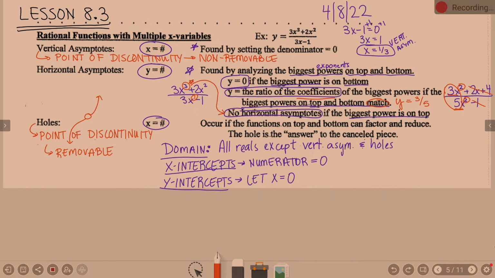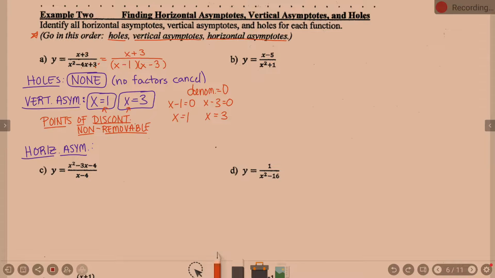What did it say about horizontal asymptotes? Found by analyzing the biggest powers on top and bottom. So your highest exponent terms. What were my biggest exponents? What's the biggest exponent on top? The x to the first term, right? What's the biggest power on bottom? X to the second.